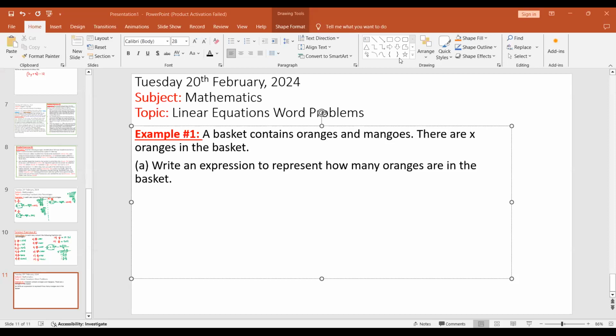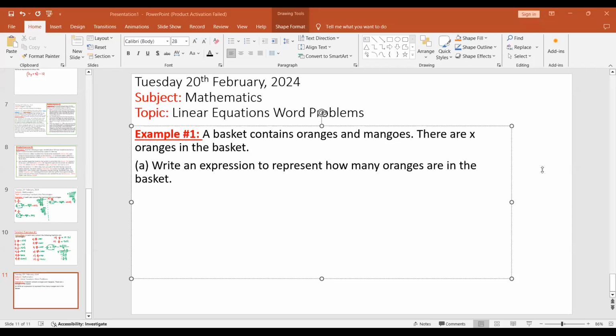No, sir. I'm talking to everyone. Do we know the exact amount of oranges we have in the basket? No, we do not, right? But they give us a variable, and the variable that they give us is what? X, right?